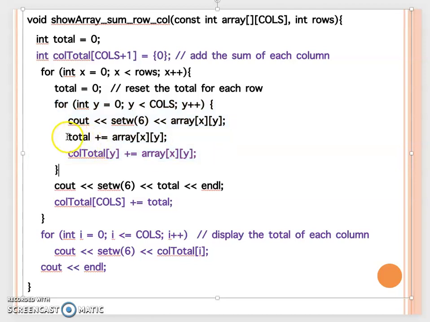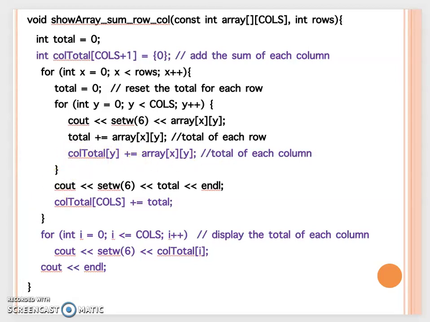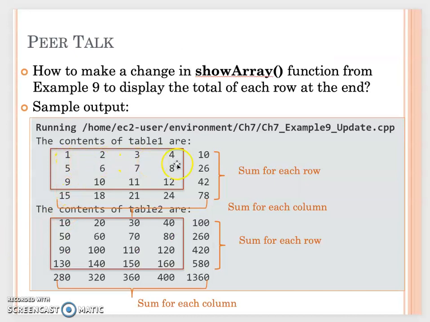So what we will do here is, in the inner loop, I still can accumulate the total. But this total is the total of the row. So in each inner loop, I have the total for each row. But this one is the column total. Like I say, each time, for example, I have 1, 2, 3, 4.